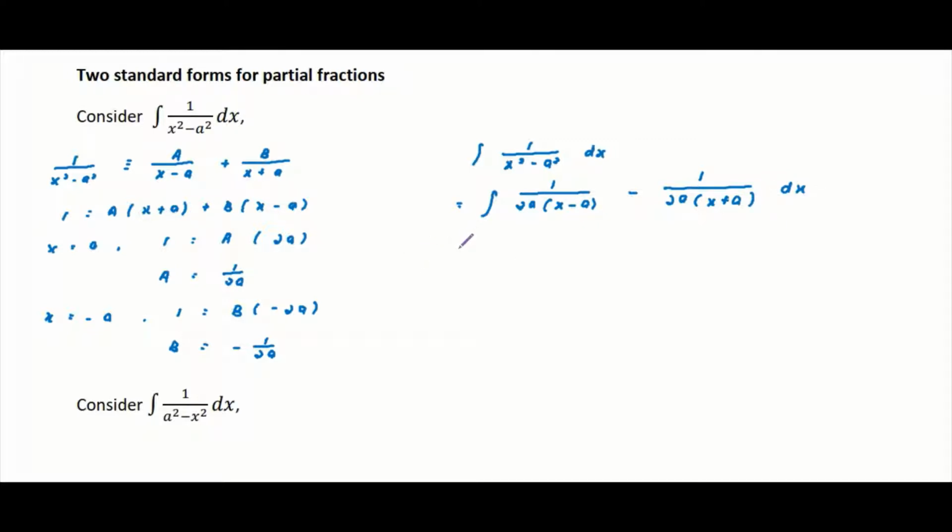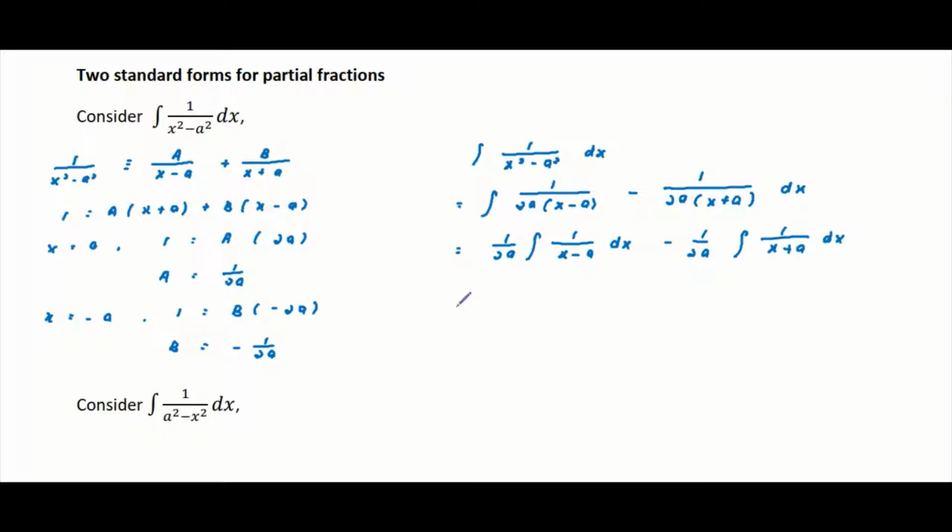Now you can see that you have constants for this integral: 1 over 2a, integrate 1 over x minus a, and the second one, minus 1 over 2a, integrate 1 over x plus a.